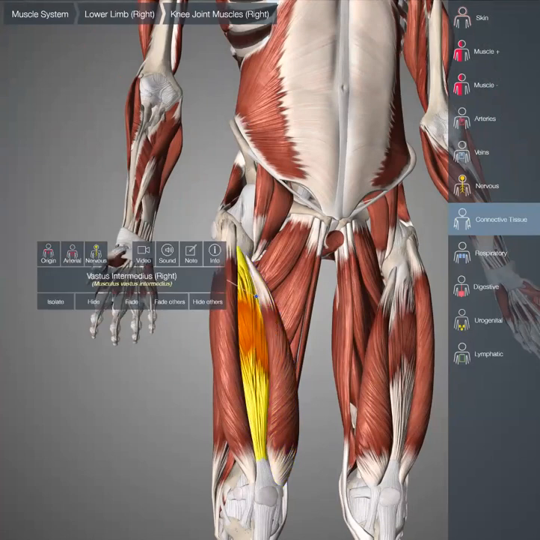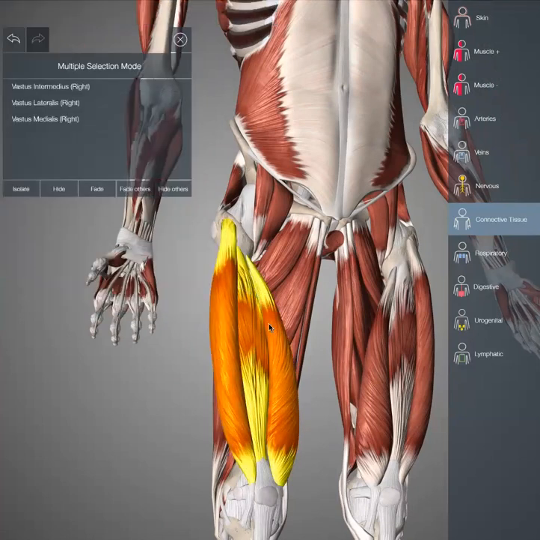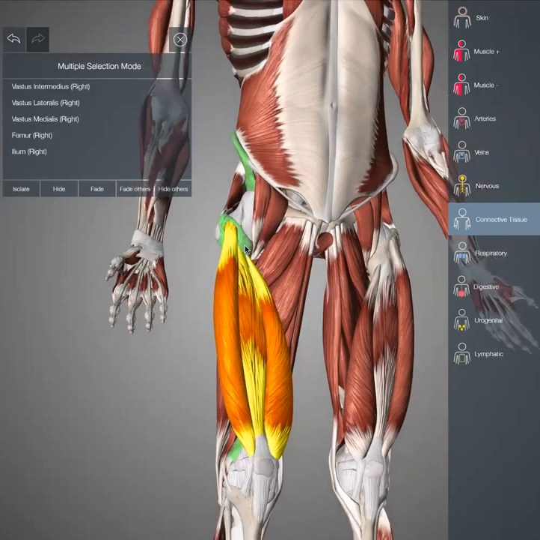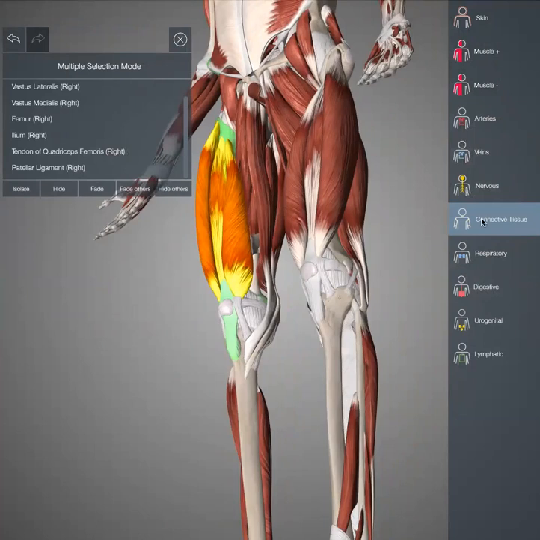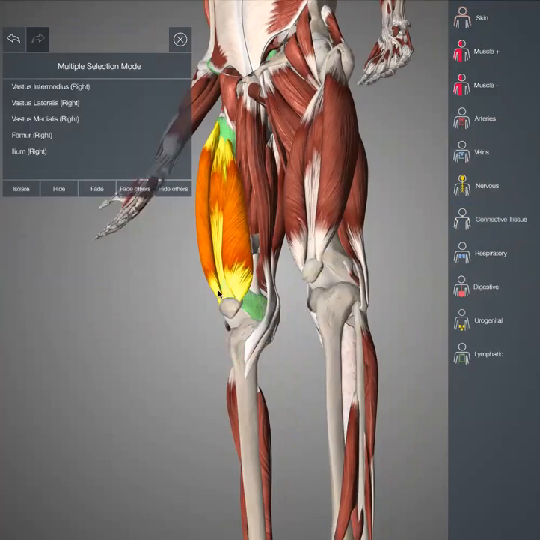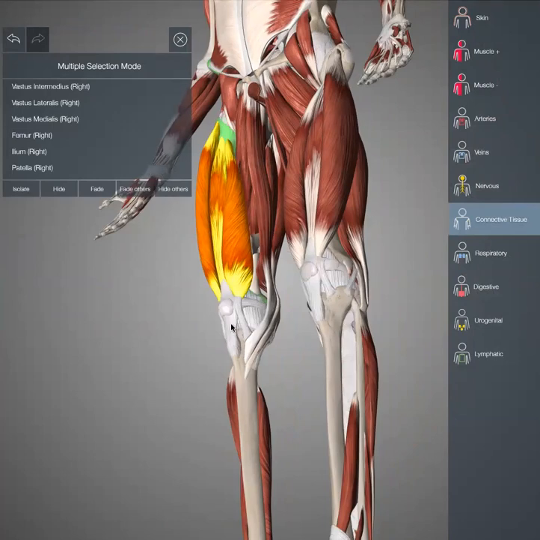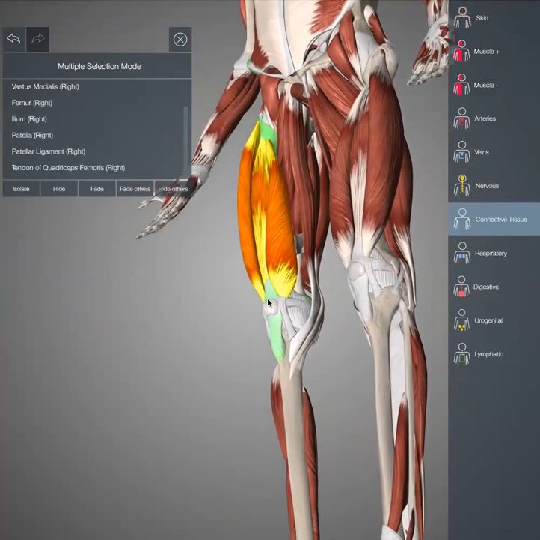Select it. Now that we have it, let's go back here. This one. Get the patella out. Okay. And get it back. Patellar tendon.